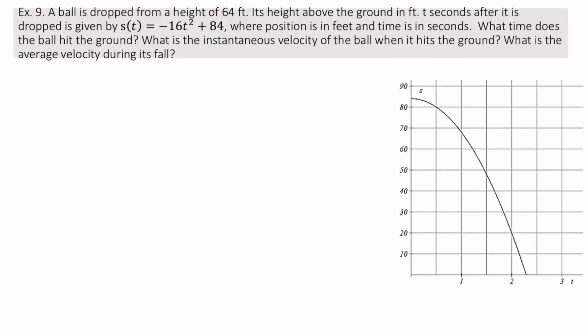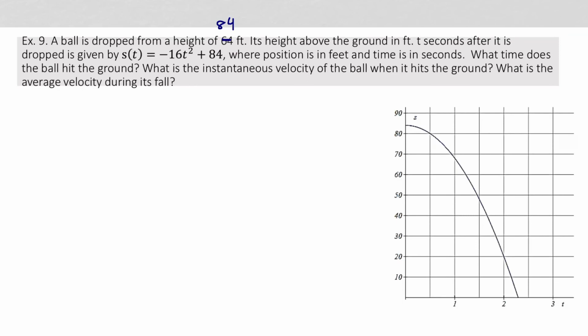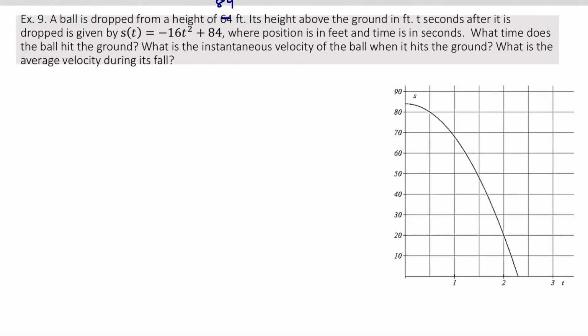Last thing we're going to do is the ball problem again. So we have a ball dropped from a height of, that should say 84 feet here. Oops. Okay, let's do our last problem here. This is the ball dropping problem. So we've got a ball dropped from a height of 84 feet.